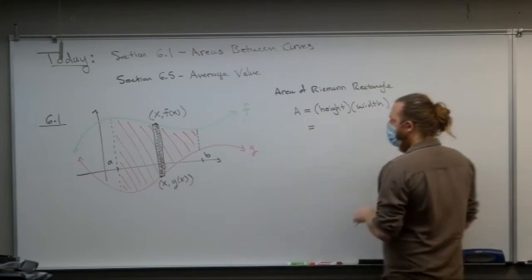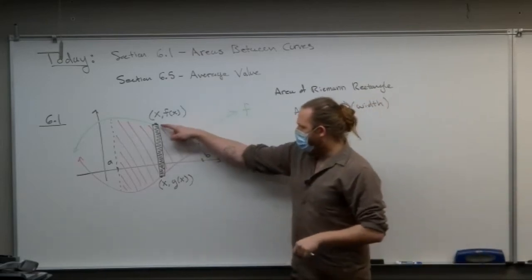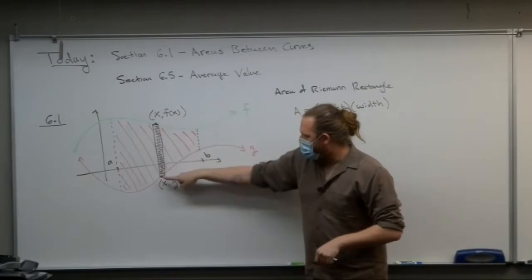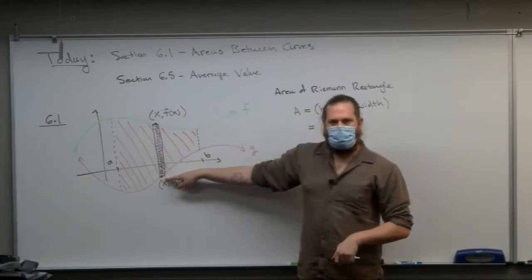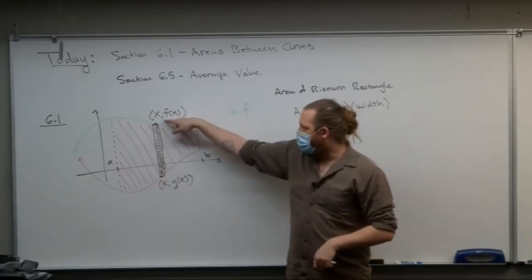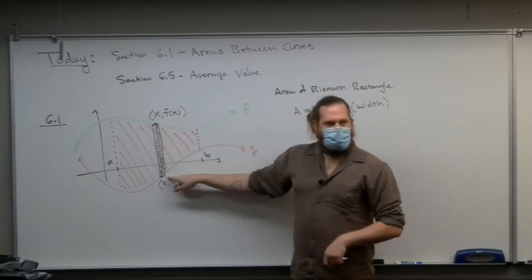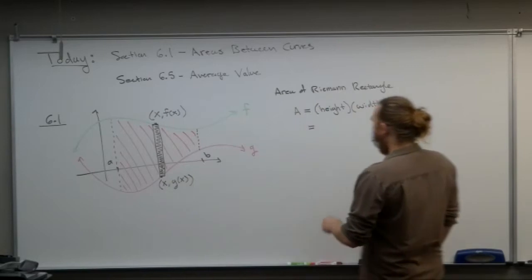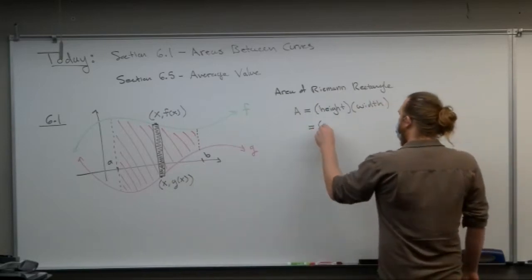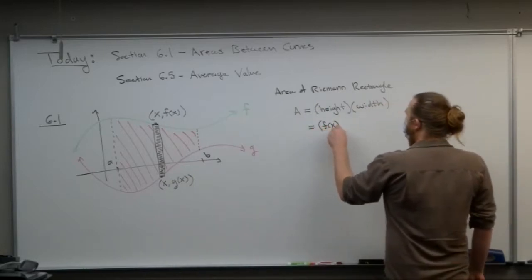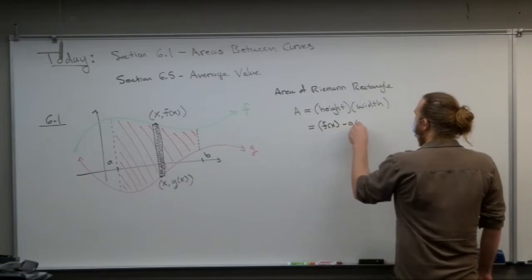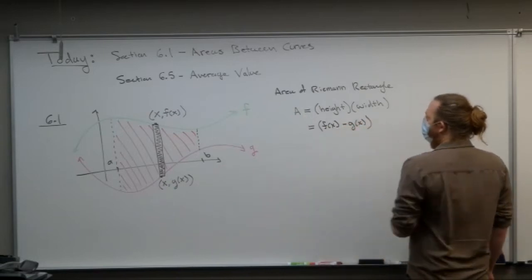The height you would get by subtracting the larger y value and the smaller y value, right? If I want to find this vertical distance, I would take the y value here and subtract from it the y value down here. So that height is f of x minus g of x.